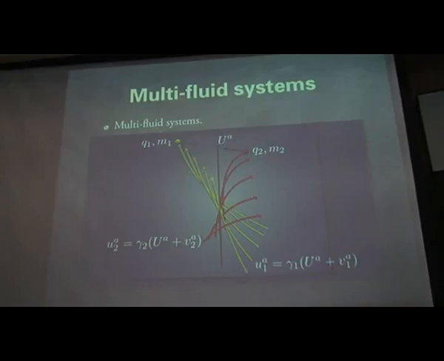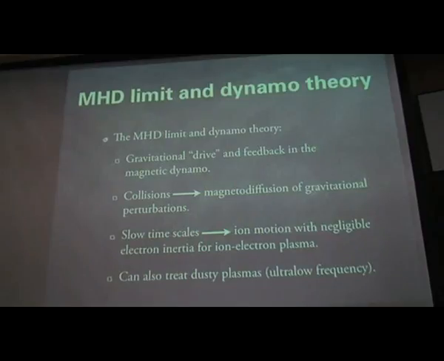This could be neutrino fluids, for instance, neutrino-electron combinations as well. We don't want to do neutrino fluids at the moment, but you can take the MHD limit of this multi-fluid system, and then you can, of course, obtain a very nice dynamic theory.